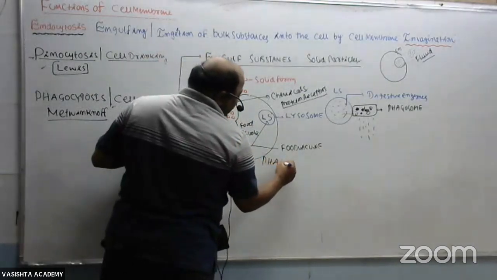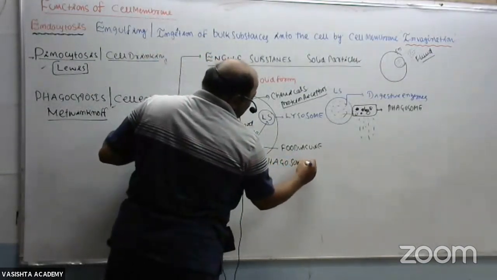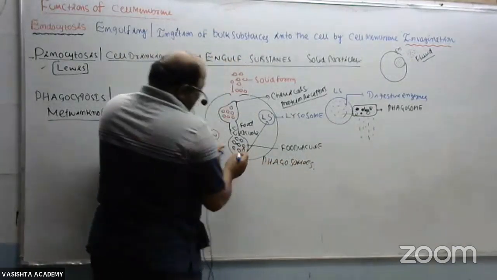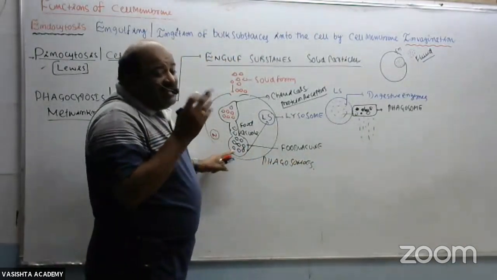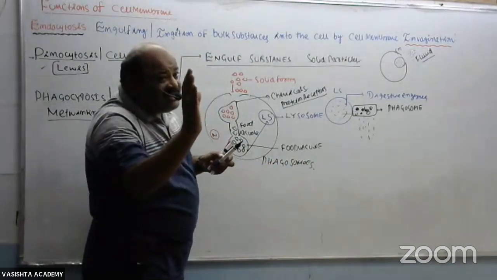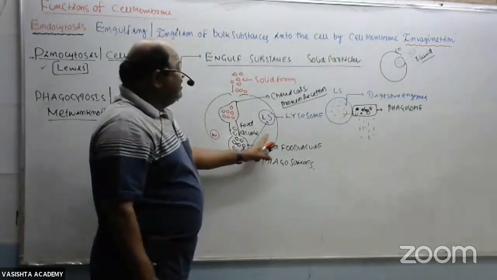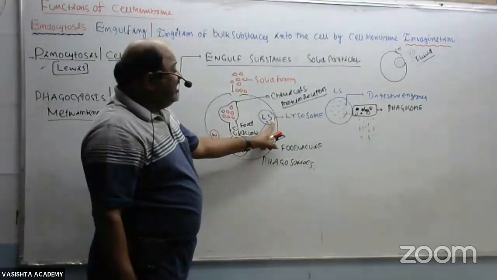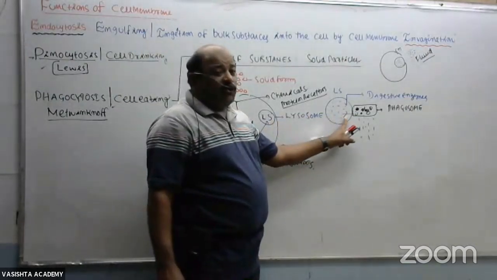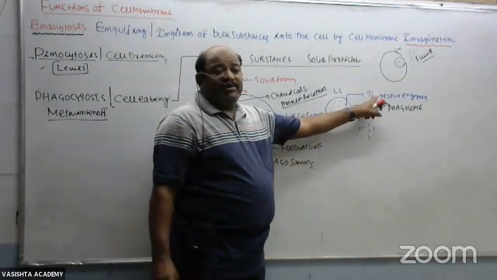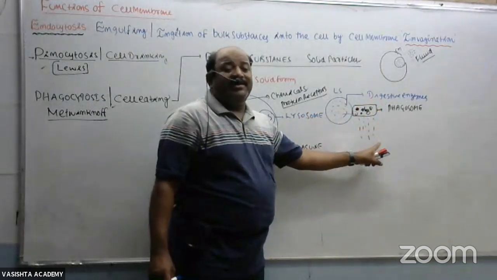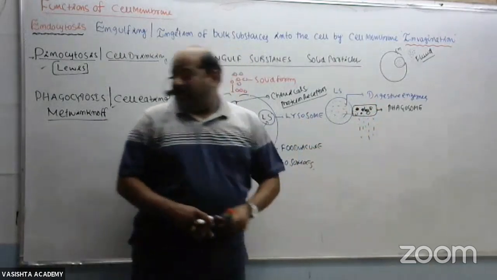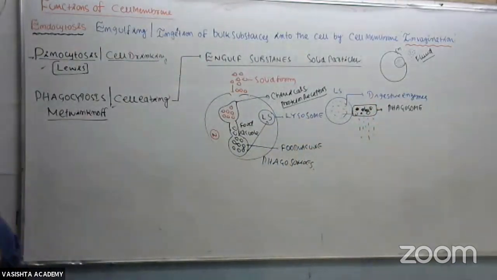They are nothing but phagosomes. Here they have the food molecules in the form of solid particles. These solid particles should be digested, hence they are combined with the lysosome. In the lysosome, digestive enzymes are present. All the food will be digested here. That is the endocytosis process.